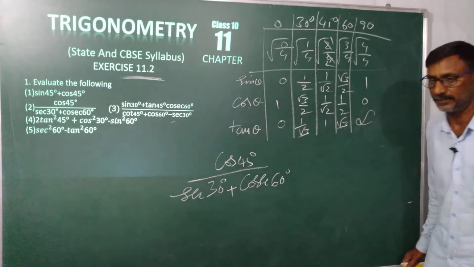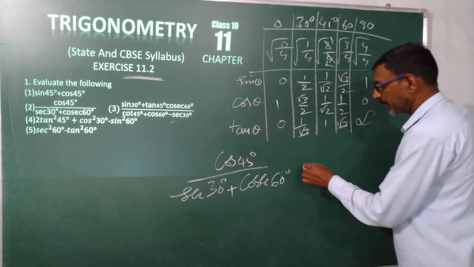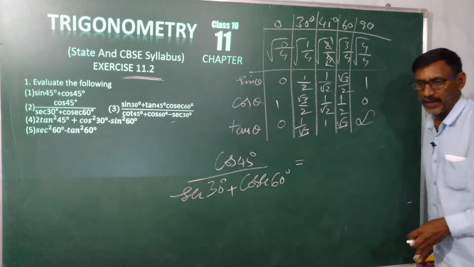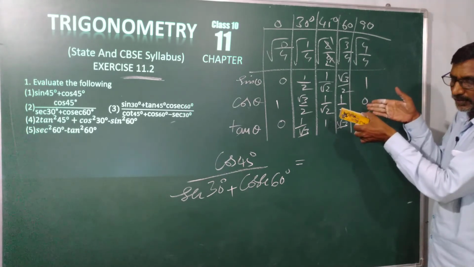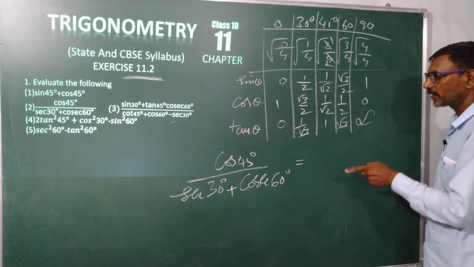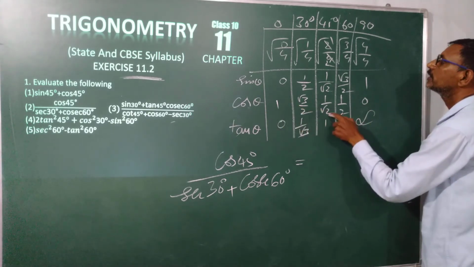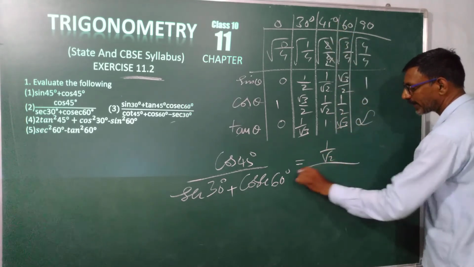Okay, now listen. Cos 45 degrees, everybody can easily write from the table. We pick the value and take it down. Cos 45, already explained, is 1 by root 2. Just listen, okay?